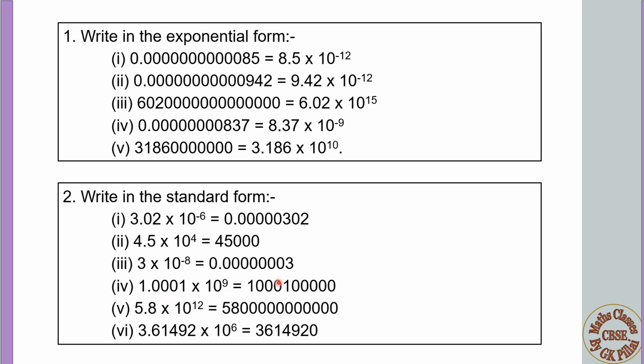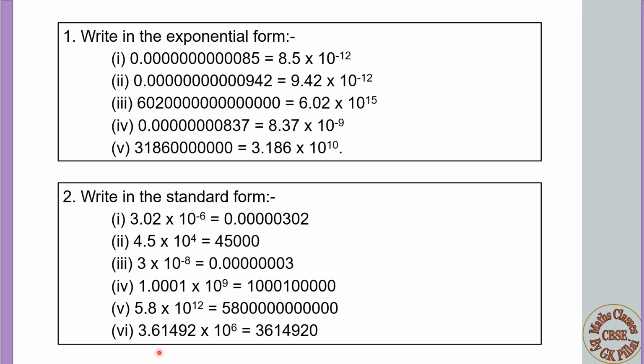Now you have to add 5 zeros. 5.8 into 10 to the power of 12. The same way 5, 8 and here only one digit is there. So you will add 11 zeros.